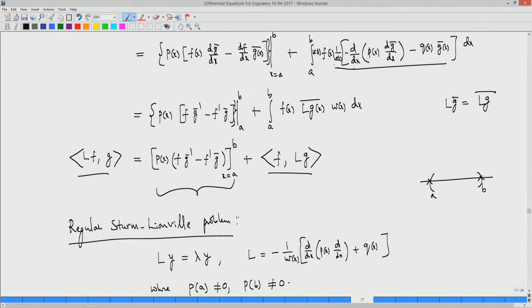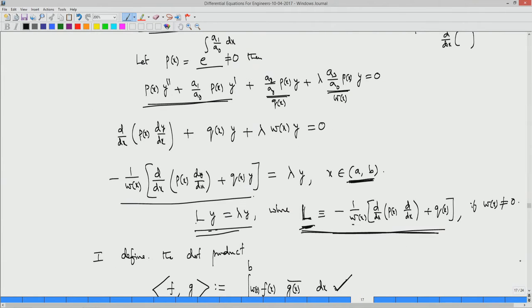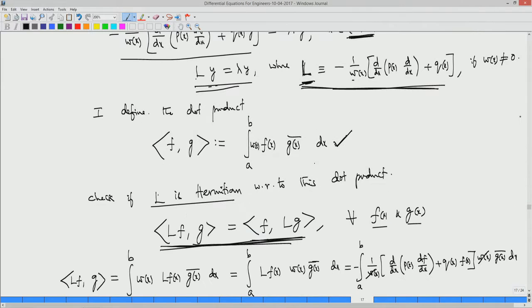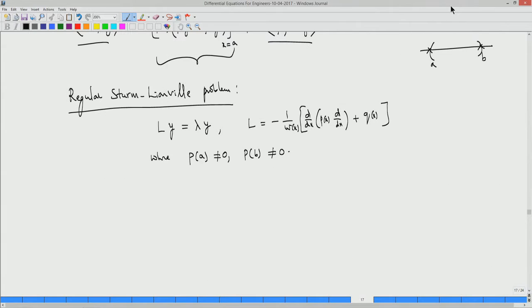In this case we say that this is a regular Sturm-Liouville system. What is Q? Q is A2 by A0 into P(x). A2 by A0 can take both positive and negative values, so Q(x) can take any value, but P is always positive. You will see the reasons for this.